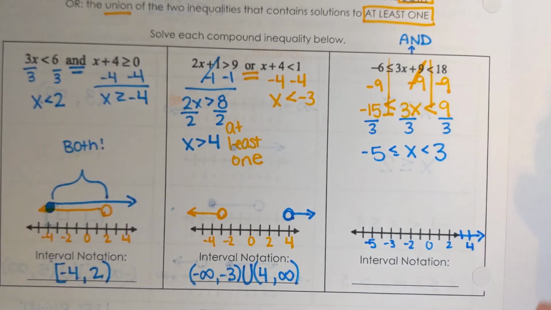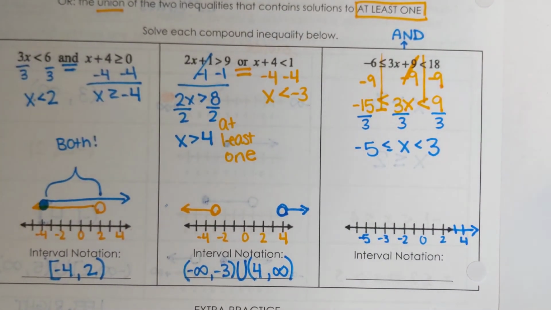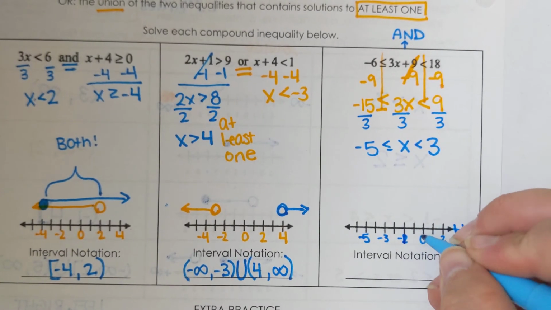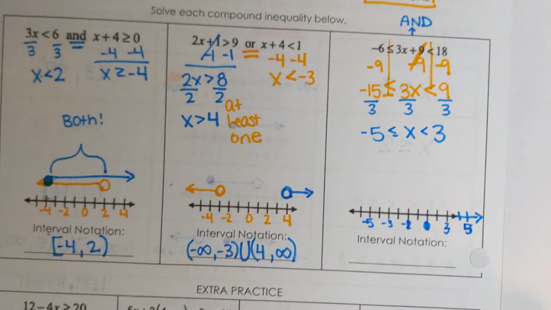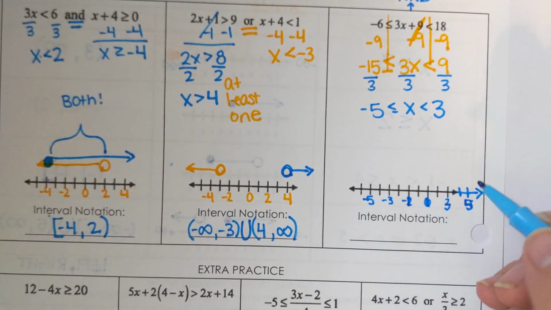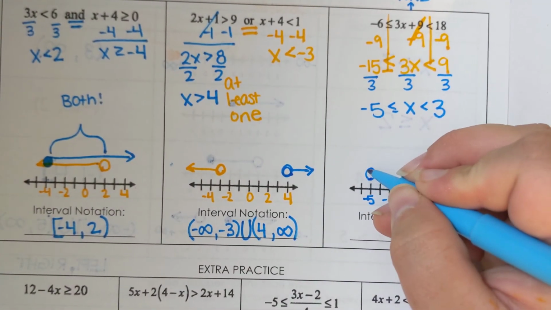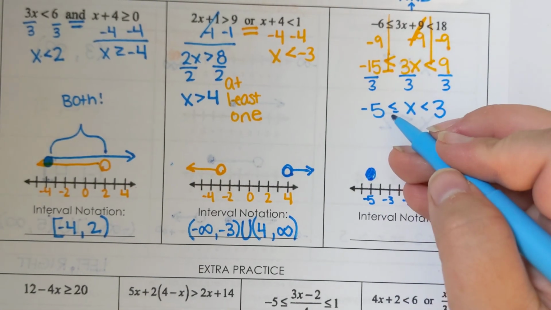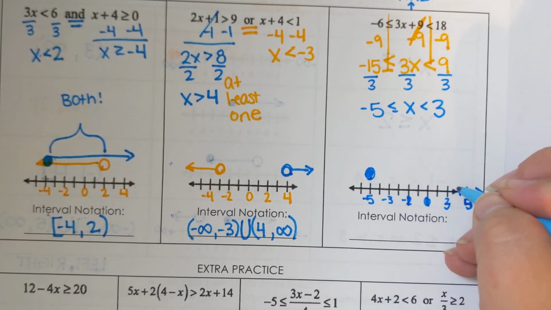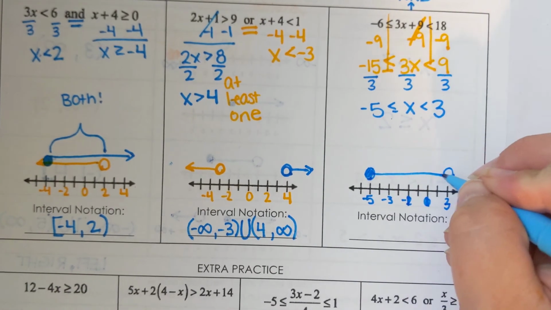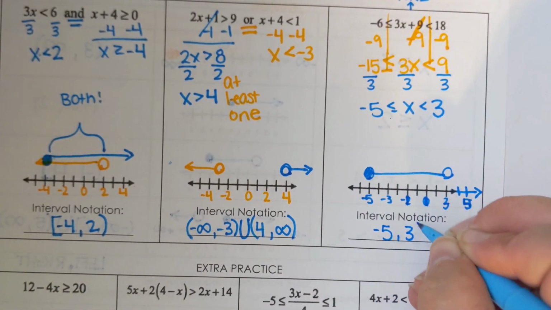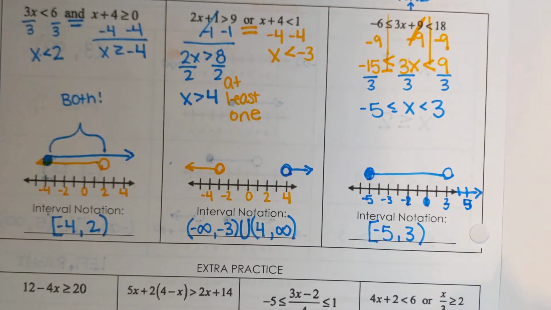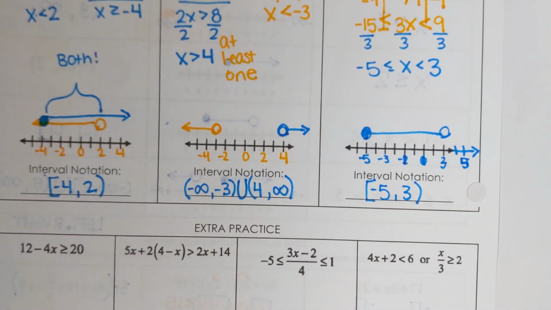I need to extend my number line a little bit. Oops, -1, 1, 3, 5. There we go. Sorry, my number line skills are off today, guys. It's between -5, closed circle, because it has the little bar, and 3. Three gets a parentheses, -5 gets a bracket. And that's pretty much it.